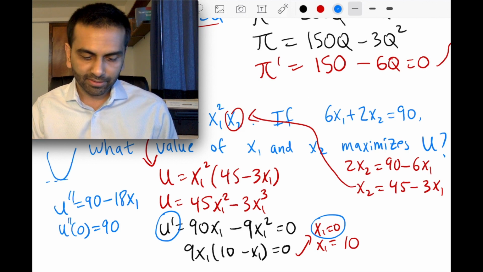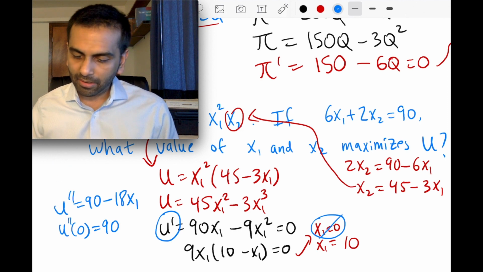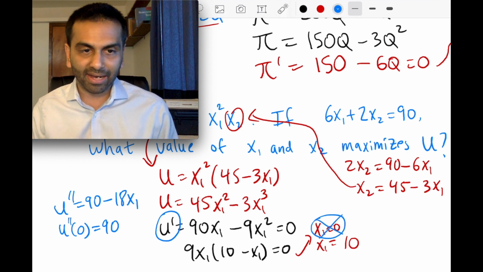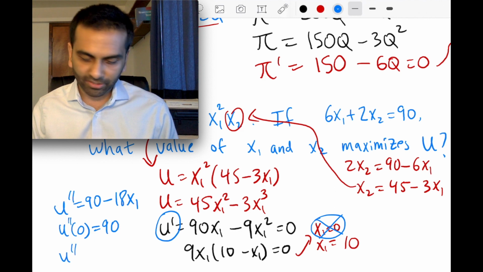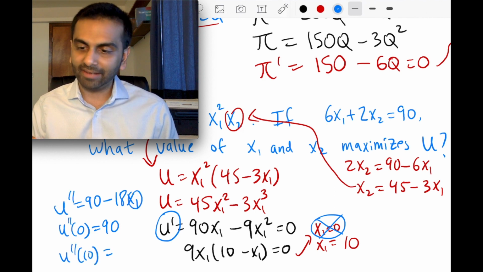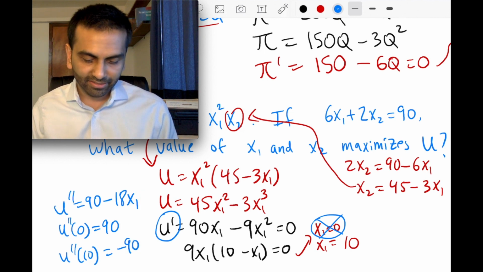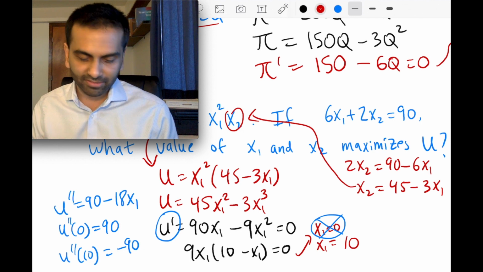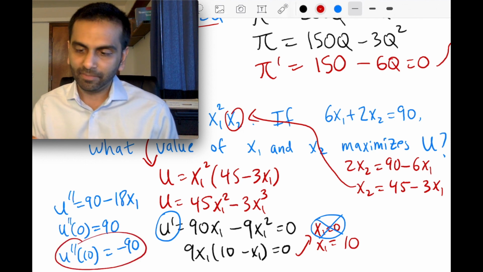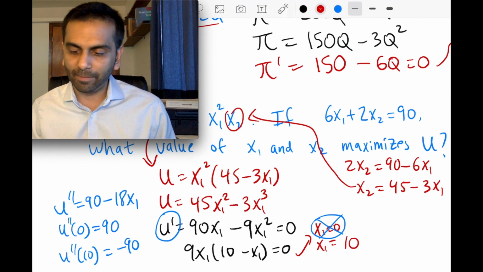So we can eliminate this as a maximum. Versus the second derivative at 10: if x1 is 10, 10 times 18 is 180, and 90 minus 180 is negative 90, so that's negative, so this maximizes. A negative second derivative is the second order condition for a maximization.